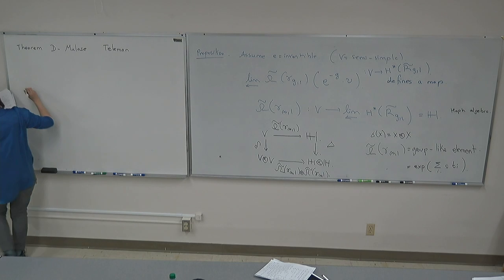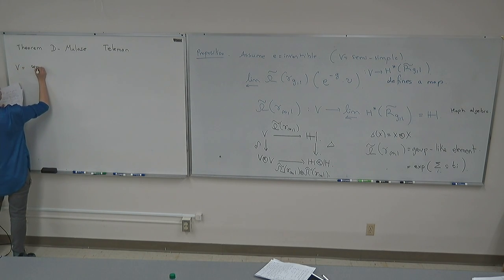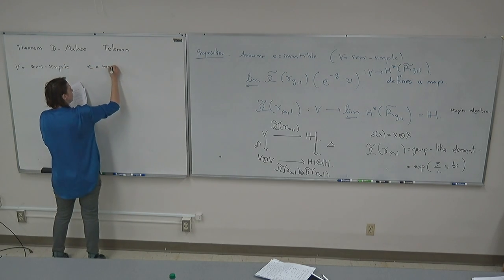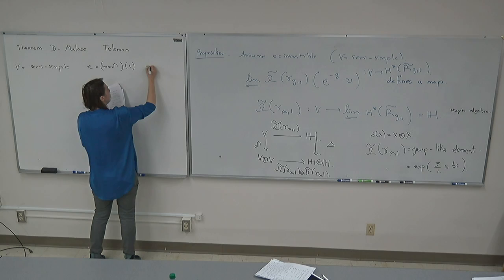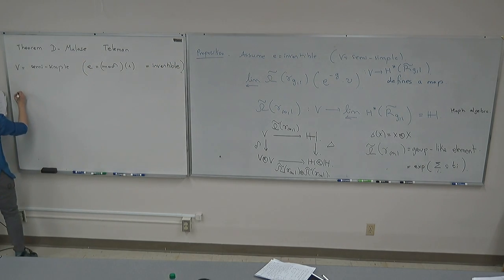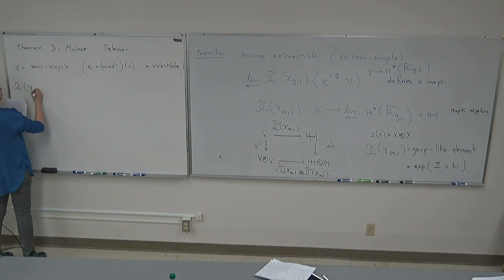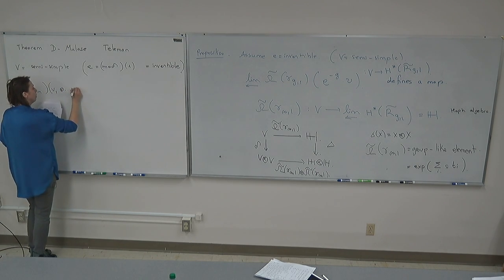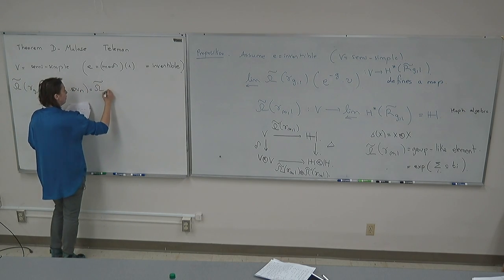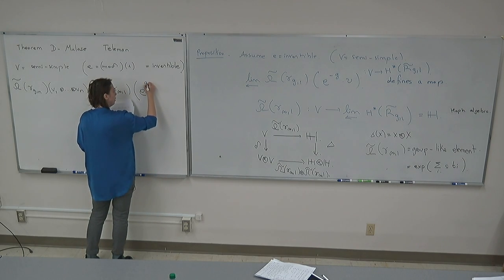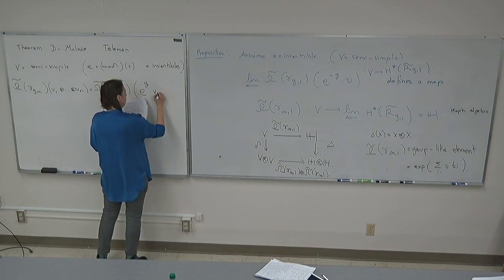reinterpreted. And it's saying that if V is semi-simple, semi-simple means that E, that is this element, is invertible, then all of these are going to be given on the elements V1 up to Vn by this gamma infinity evaluated at the element e to the g times V1 times Vn.